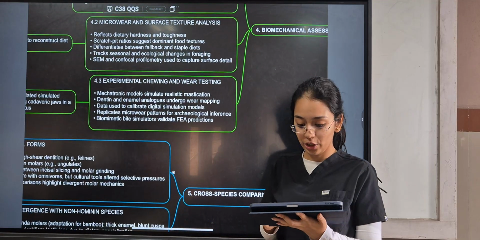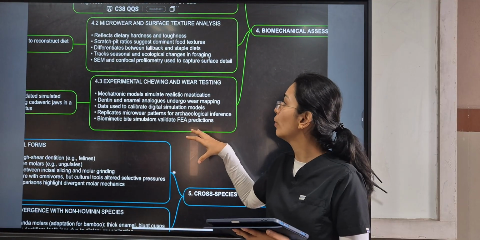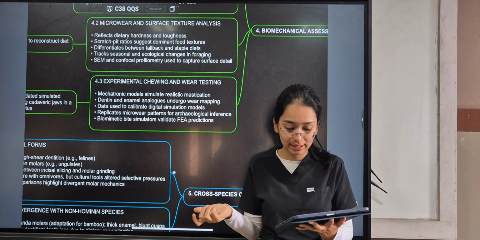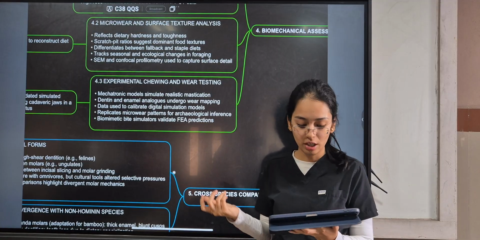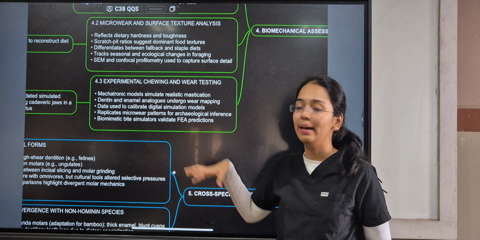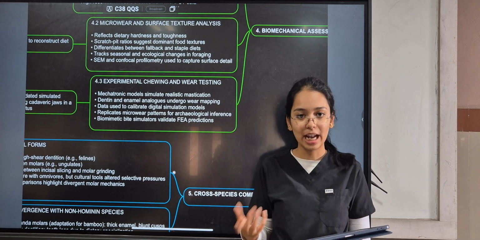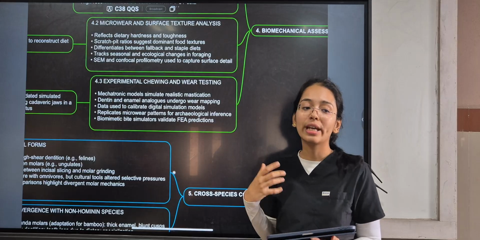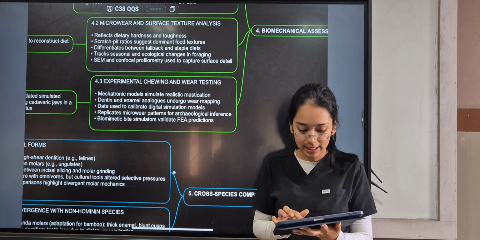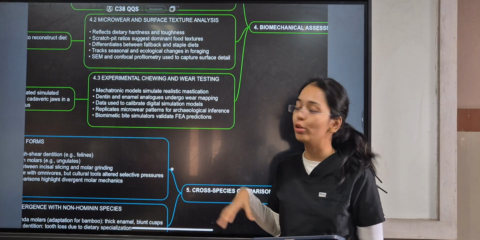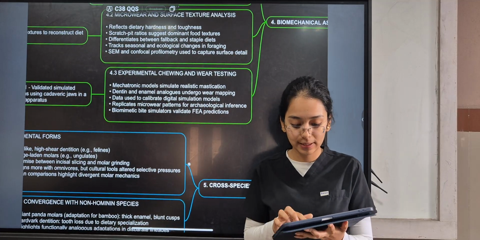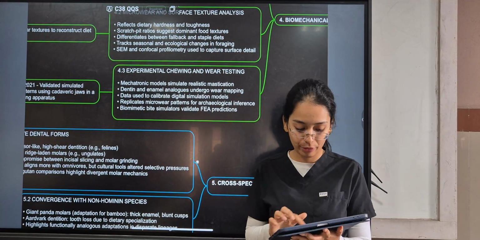Thirdly, another tool which we use is experimental chewing and wear testing. It is a mechatronic model which is used to simulate realistic mastication. Dental and enamel analogs can be generated and marked for stress patterns. The digital data is used to calibrate the digital models, and it replicates microwear patterns for archaeological inference. Biomimetic bite simulations can also be done and validated using FEA.